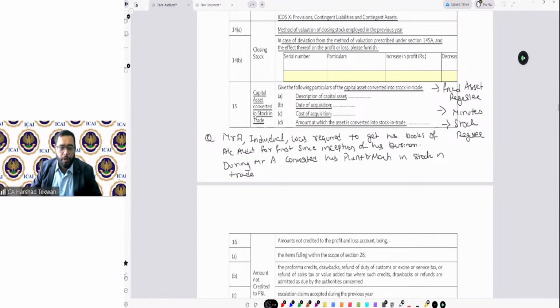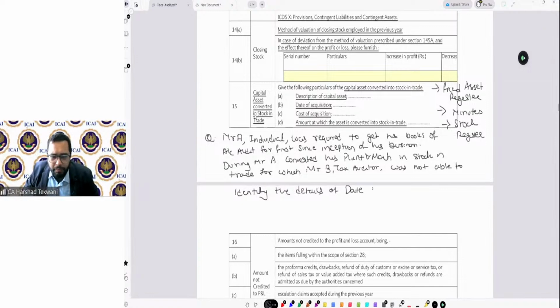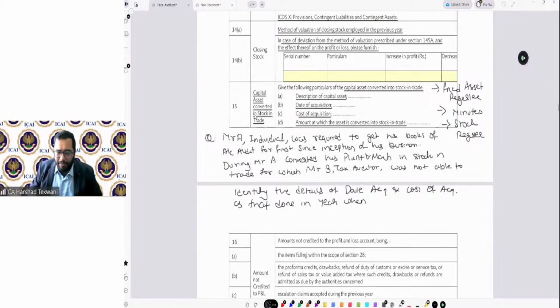Mr. B, the tax auditor, was not able to identify the details of date of acquisition and cost of acquisition, as that was done in years when there was no audit requirement.